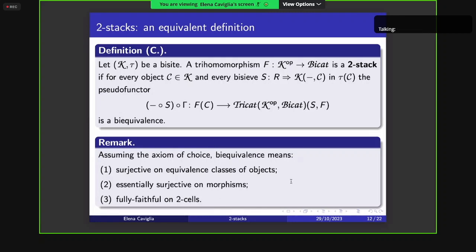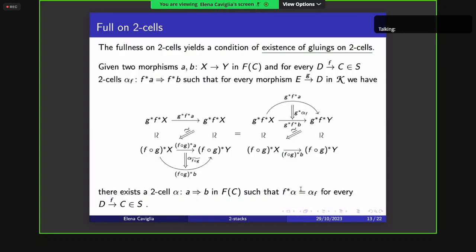And these are the 3 conditions that will give our explicit conditions that we want to obtain. So we'll see them separately. Let's start from the 2-cells. So the first thing that we're going to see is what it means that this biequivalence is full on 2-cells.